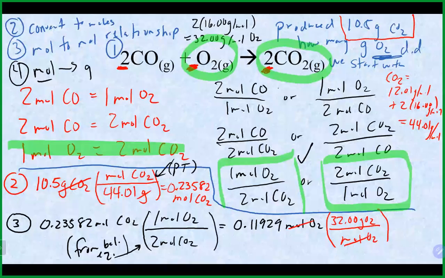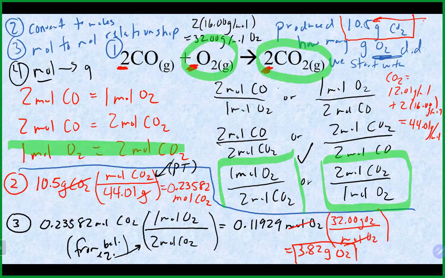The mole is going to cancel. We're going to times it by 32. And that's going to give us 3.82 grams of O2. At this point, I am going to clean it up in terms of sig figs. And really, the only sig figs in this problem was our original number, which was 3, which means we should probably end up with 3 sig figs when it's all said and done. And that obviously would be step number 4.